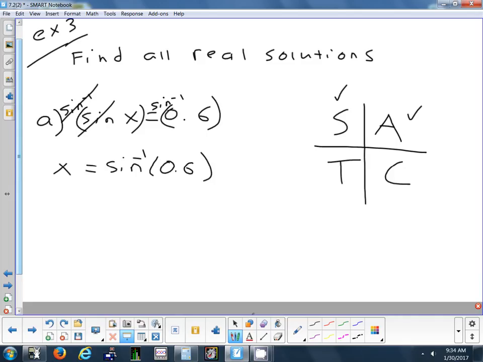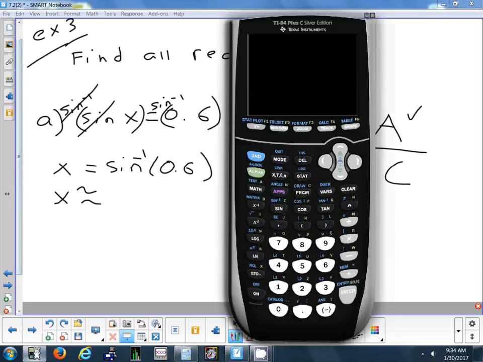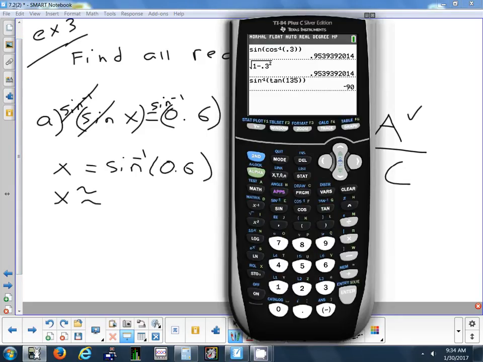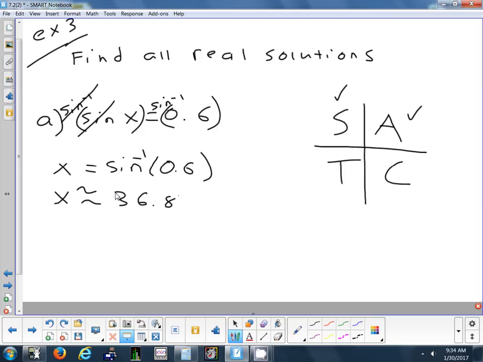So just type that in. That's your first answer. They didn't say whether to do it in degrees or radians. I'm in degrees, so I'll just do it in that. Inverse sine of 0.6 is 36.87 degrees. Now that's my reference angle.